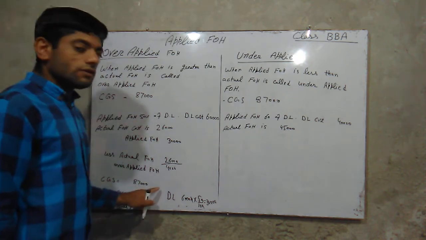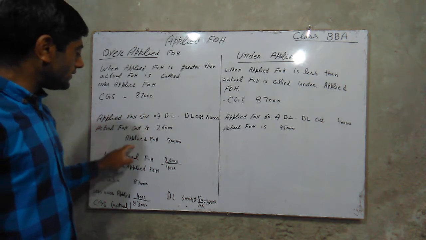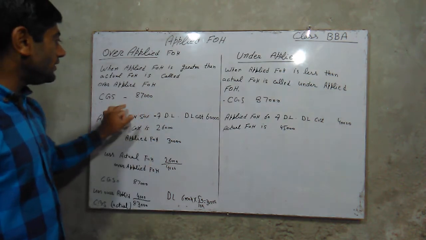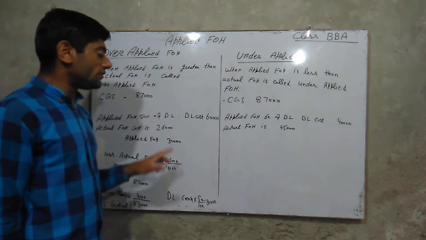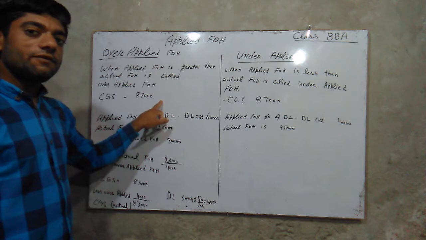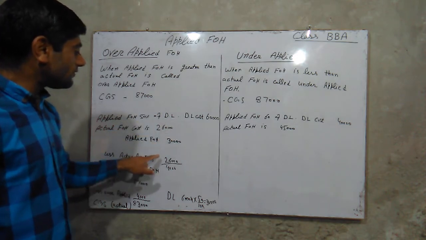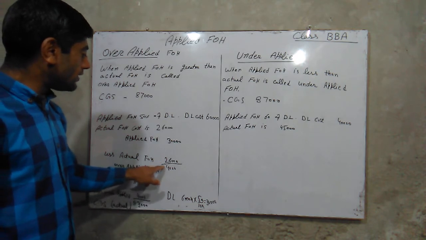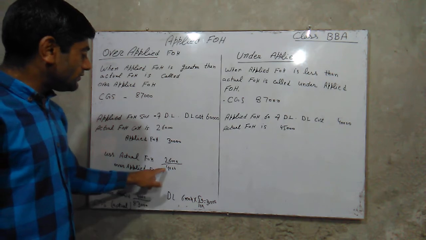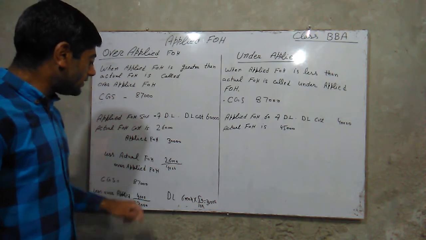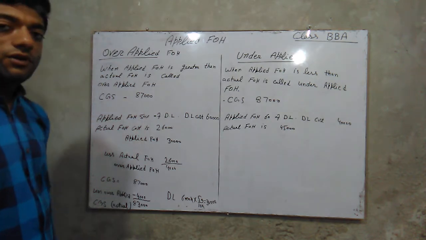So in this way you can calculate overapplied factory overhead and its treatment. It means when applied factory overhead is greater than actual factory overhead, it is called overapplied factory overhead. We compare applied factory overhead with actual. Applied is greater than actual, the difference is 4,000, so its value is subtracted from the cost of goods sold. So this is our actual cost of goods sold.